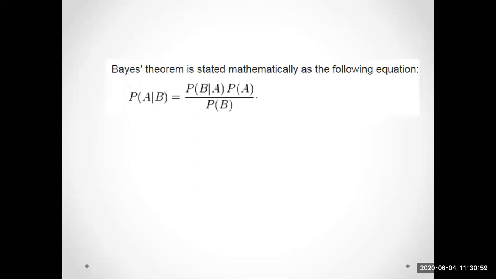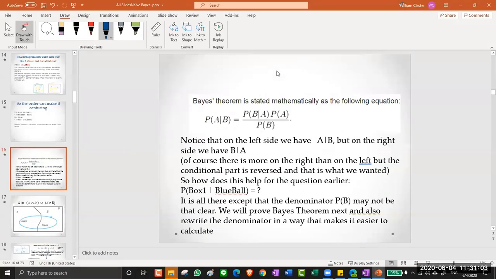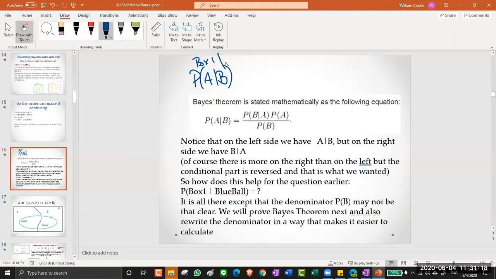So this is Bayes' theorem. Here at the top, on the left side, we have the probability of some A given B, right? So this might be box 1 given blue ball. Okay, everyone understand? So this is tricky.